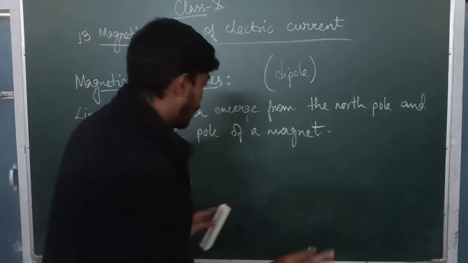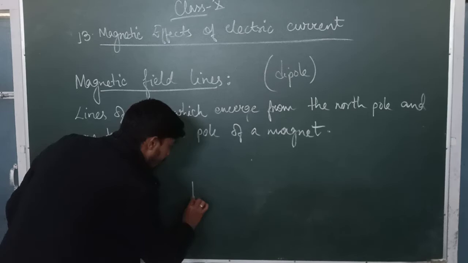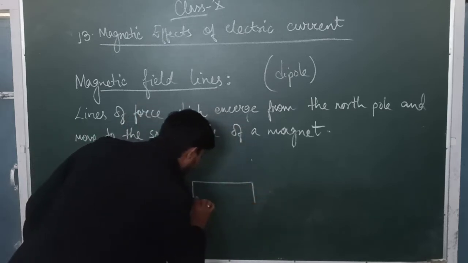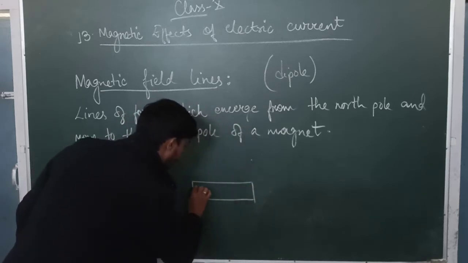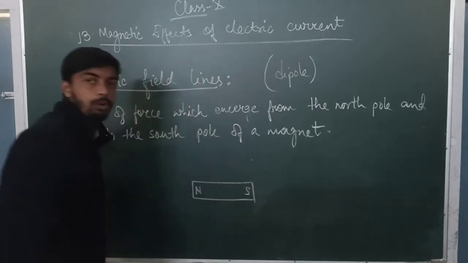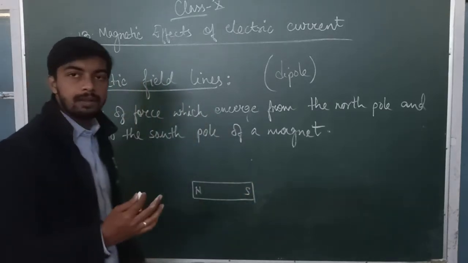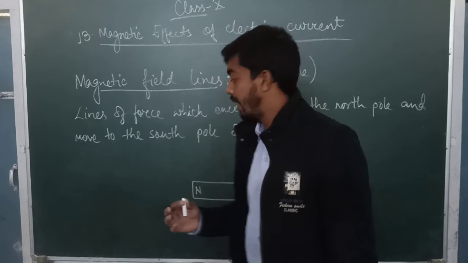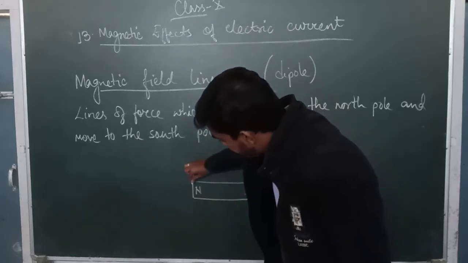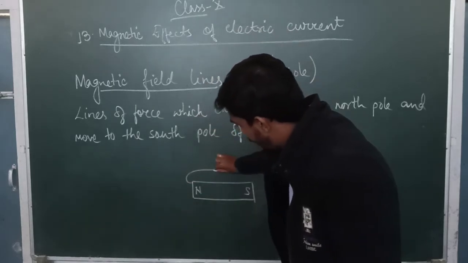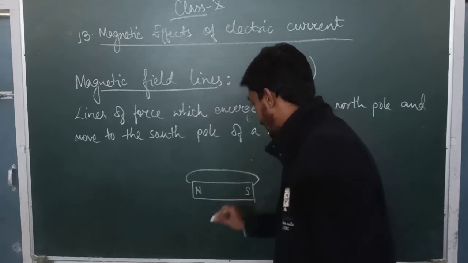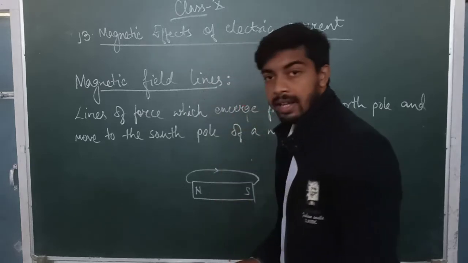Now, what does this line mean? That means if I have a piece of magnet, with a north pole and this is the south pole, then these magnetic field lines will start from the north pole, move around the magnet, and will finish at the south pole, like this.